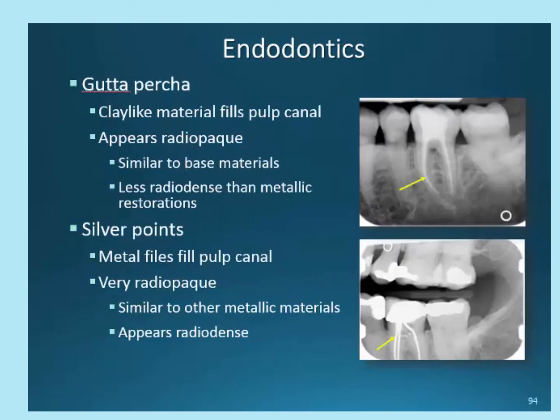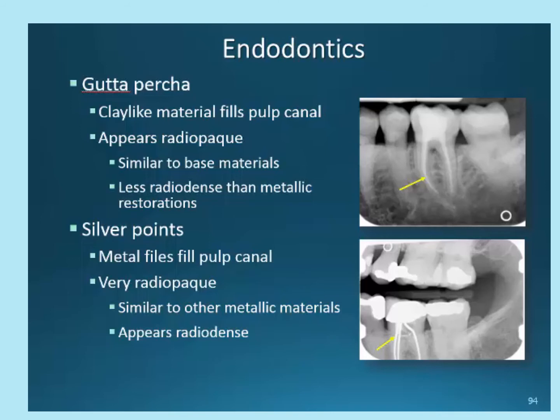Gutta percha, I mentioned earlier, is a clay-like material that fills the pulpal chamber for root canals. Very low density, so you can see it is radiolucent, but not as much as a filling material or metal. Silver points are an old-time metallic material.